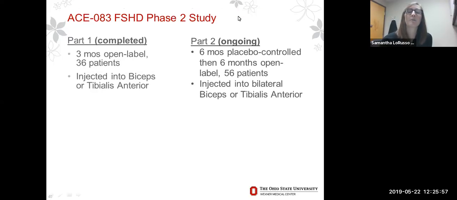And I just wanted to point out that this trial is a more generic type of approach. This is not specific to FSH pathology. For instance, this drug is also being tried in something called Charcot-Marie-Tooth, a genetic neuropathy. And this is, again, currently ongoing, but not currently enrolling.